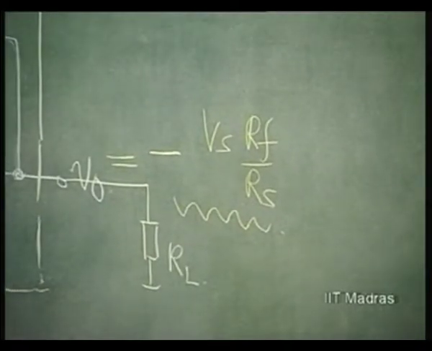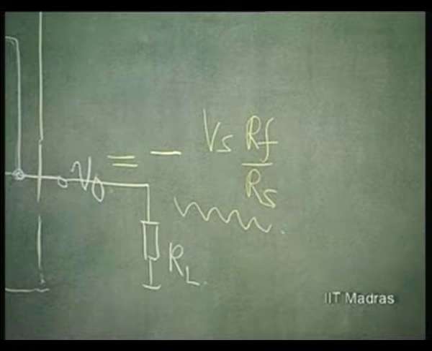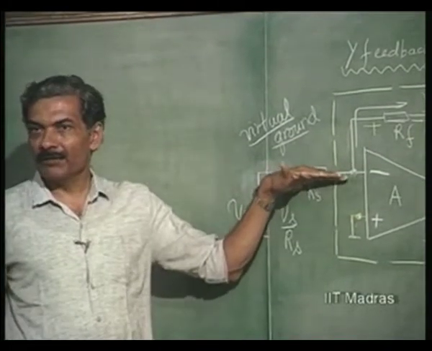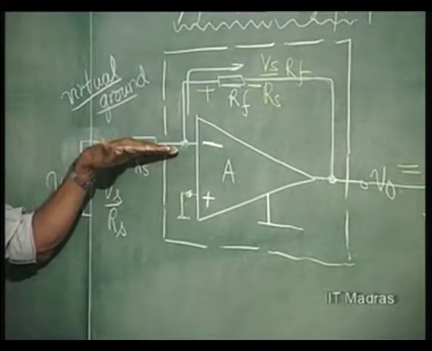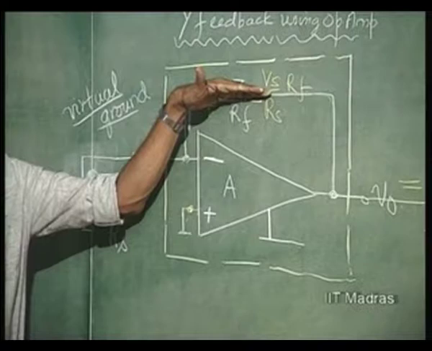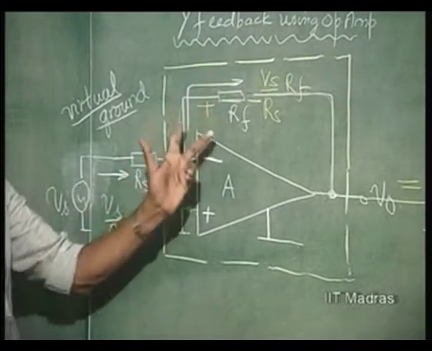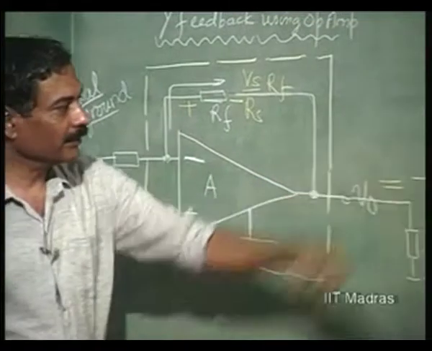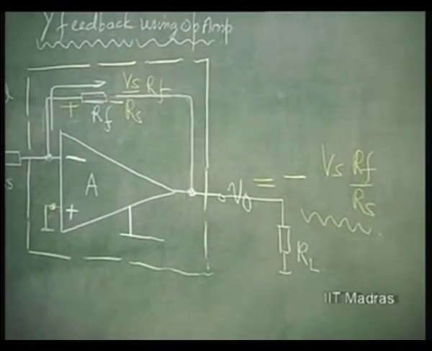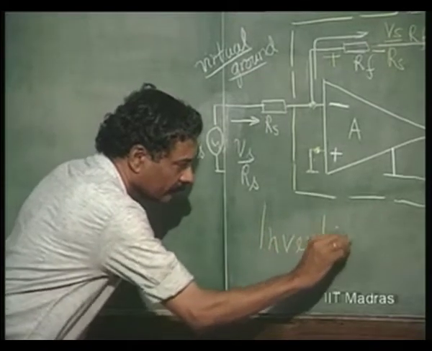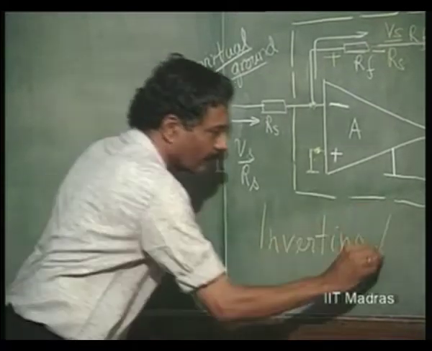So, this is minus Vs into Rf divided by Rs, independent of RL, right? Because this is virtual ground, the current pumped into this is Vs by Rs, and the same current is forced to go into this feedback network Rf, develops a potential Vs by Rs into Rf, and therefore, this is called an inverting amplifier.